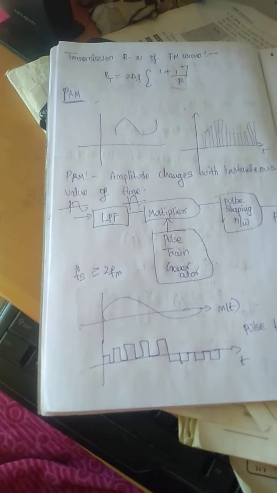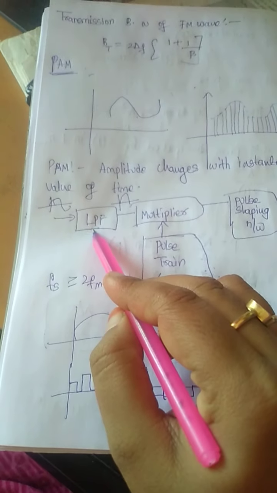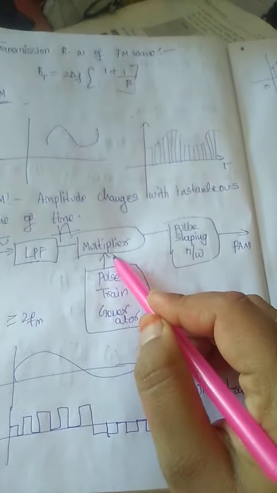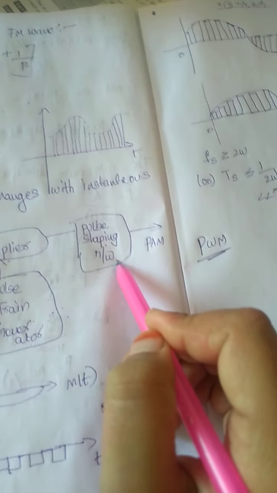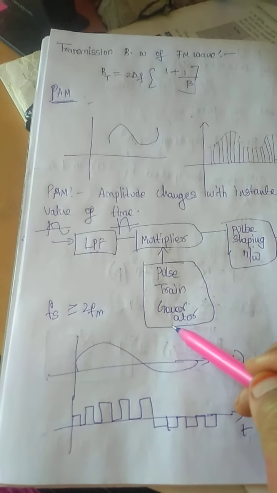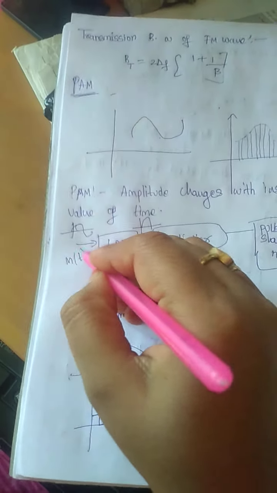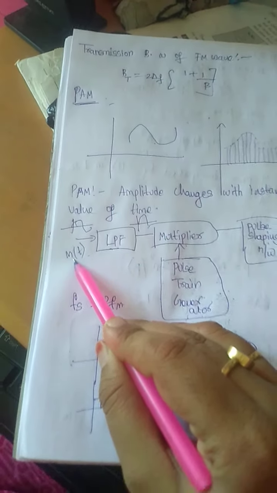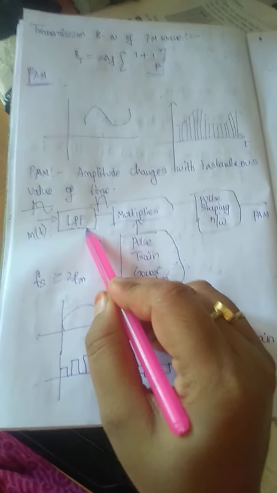This is a block diagram of PAM generation, where we are using a low pass filter, multiplier, pulse shaping network, and pulse train generator. Initially we pass M of t, the message signal, through the low pass filter.